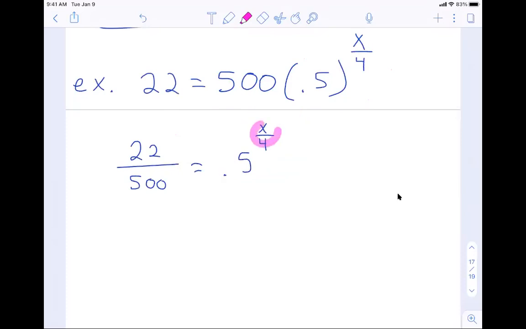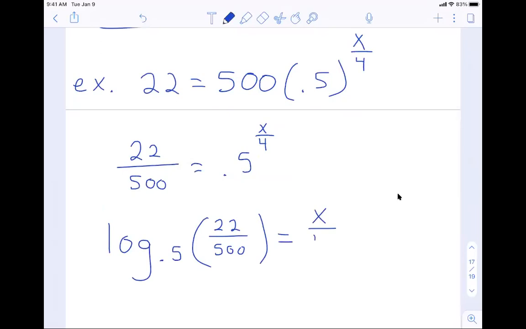And now to get this out of that exponent, to bring it down, I'm going to put it into log form, which means this is going to be my base on the other side. So that's going to be log base 0.5 of 22 over 500 is equal to x over 4.